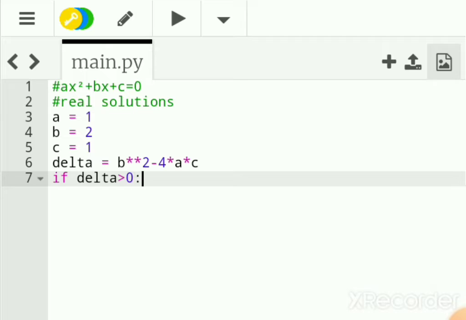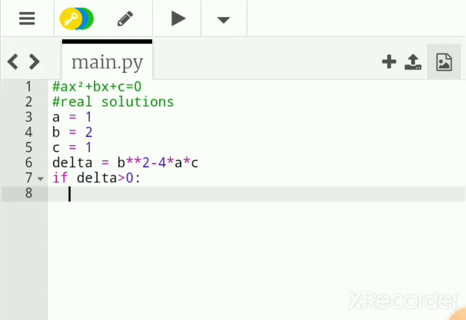This is how we write our conditional statement. We begin with if, and we give the condition, and we put the two points, and we return to the line, but we leave some space. We leave a tabulation in the second line.